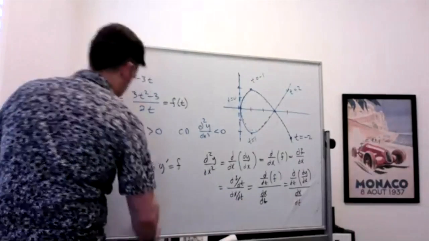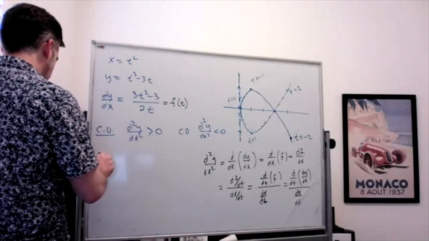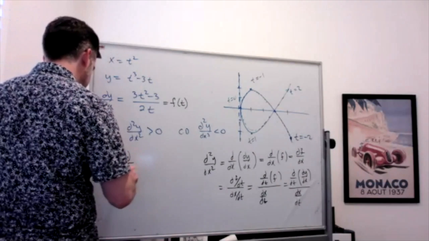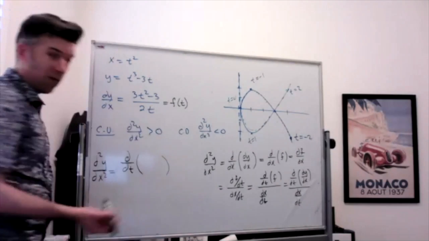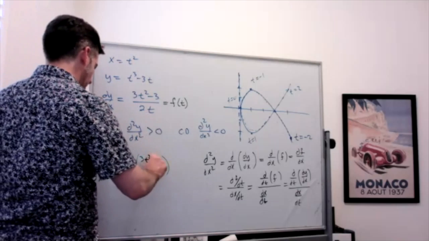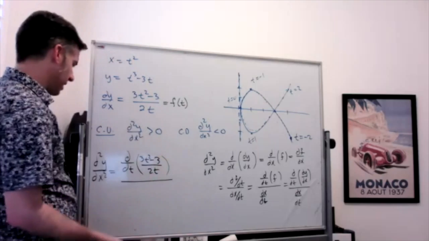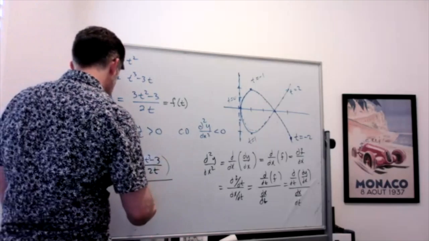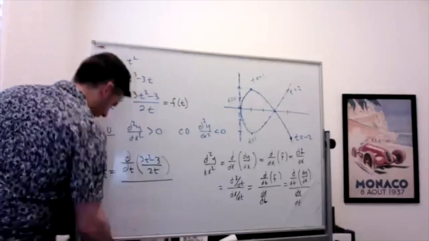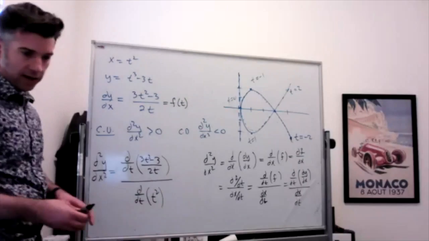I'm going to erase this. So our second derivative, d squared y dx squared, is going to be d dt of our dy dx, which is this gross thing here, 3t squared minus 3 over 2t, divided by dx dt, or d dt of x.